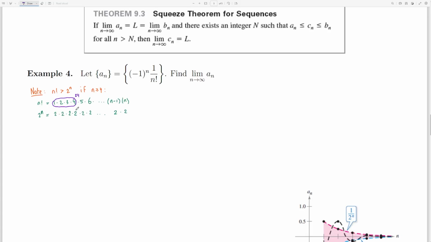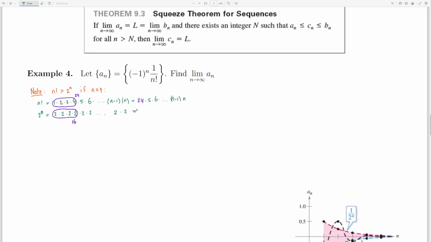And then we have the first 4 factors of 2 to the power n, that is 16. Now, if you rewrite this, you rewrite the top, you see that that is equal to 24, and then times 5 times 6, and then all the way up to n minus 1 times n.